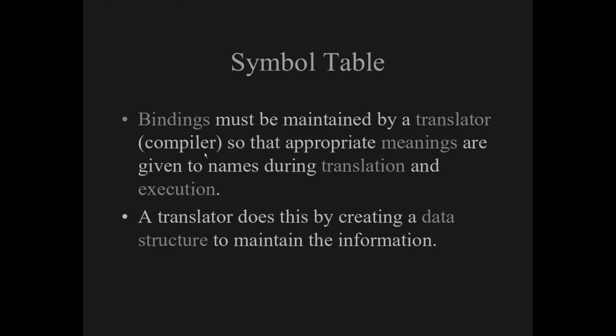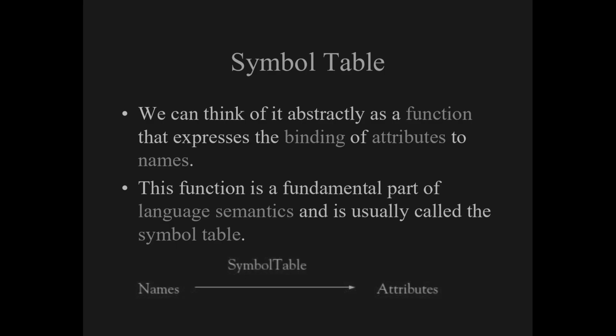Moving on. Bindings. Now, here's the thing. We're discussing this all in the abstract, but when you come to actually implementing it, you need to have some kind of data structure which stores all the information about every single name that is in the program. So the symbol table in the abstract is really just a function that maps names to attributes. So for example, the name n is mapped to the type attribute constant integer and the value attribute 5.